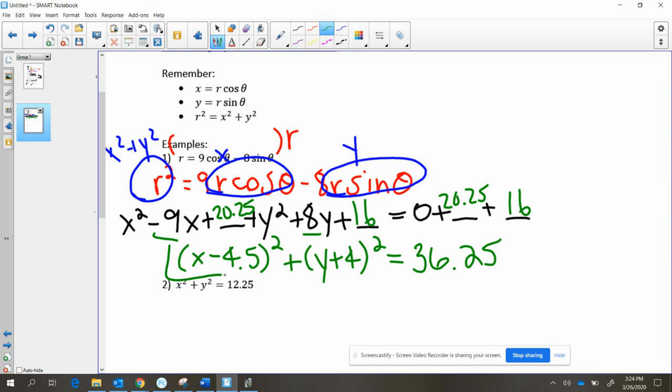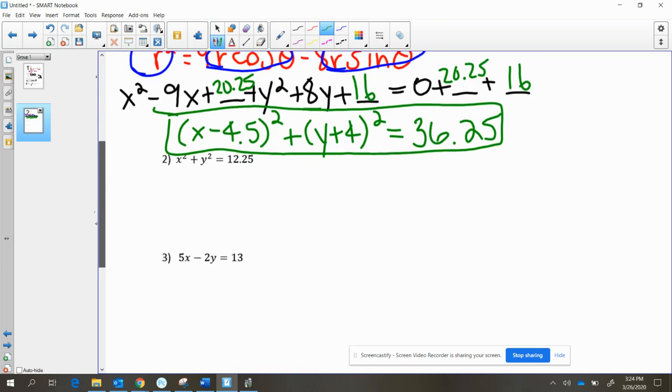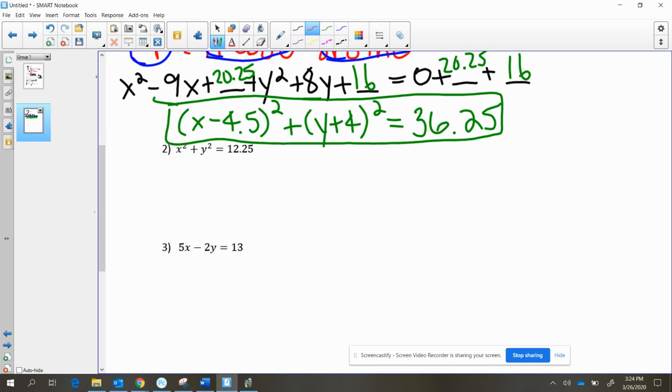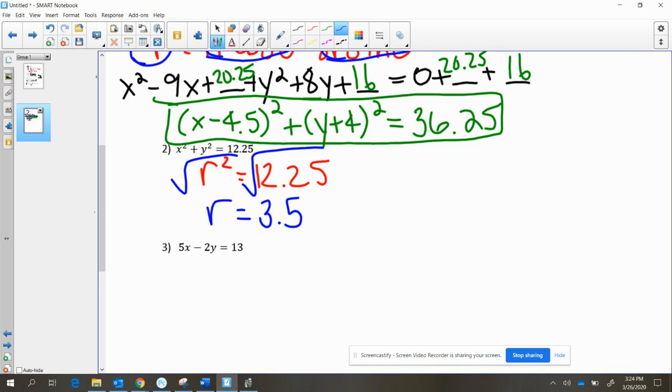And here is our converted equation of a circle to rectangular form. Now the next one is a little bit simpler, because notice x squared plus y squared, we're going to make that substitution in for r squared, square root both sides, and notice we have the equation of a circle in the polar format.